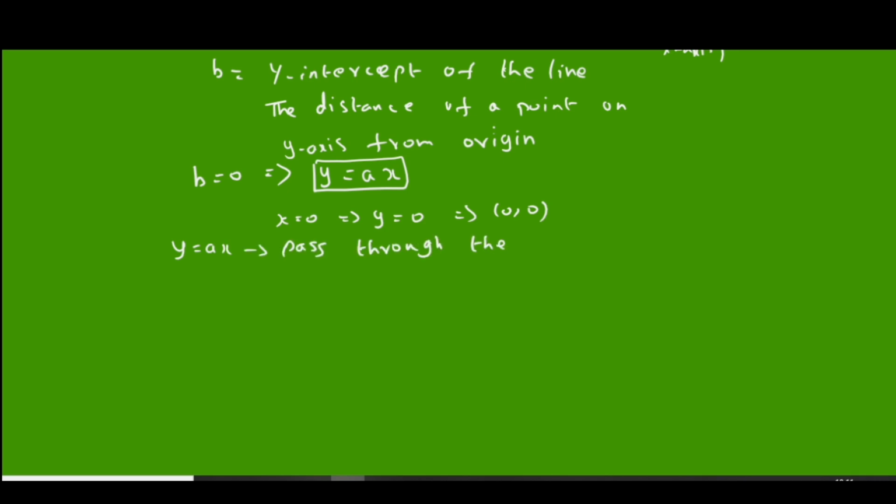According to a, whether a is greater than 0 or a is less than 0, we can determine the slope. A greater than 0 means we get a positive slope. A less than 0 means we get a negative slope. A positive slope moves upwards; this will move downwards.